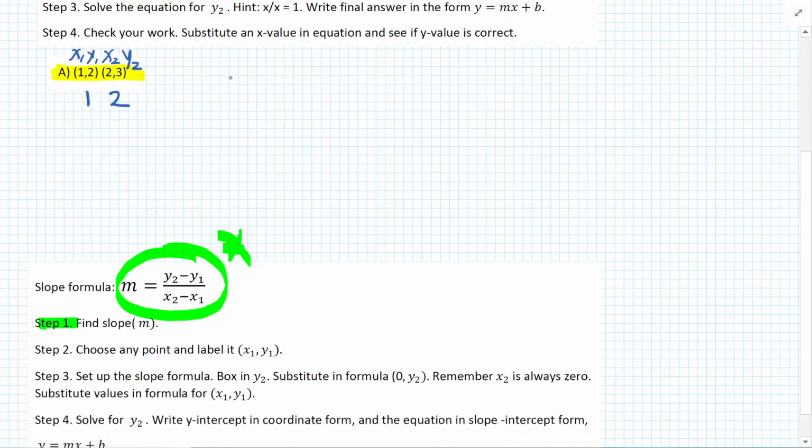We're going to write the slope formula. Slope equals y2 minus y1 all over x2 minus x1. We're going to substitute in now. Our y2 value is 3.